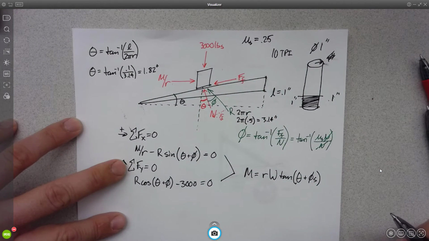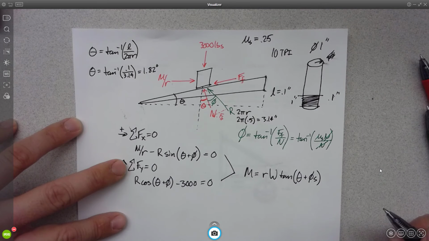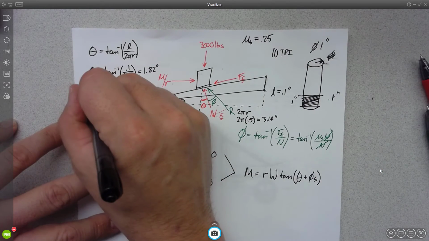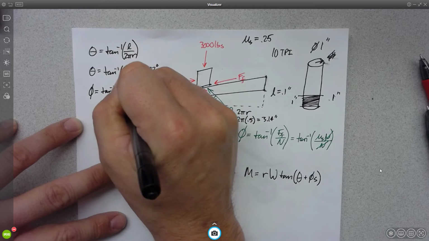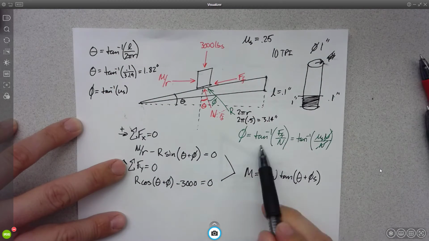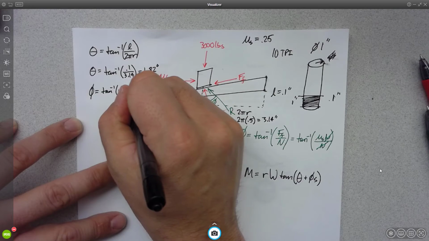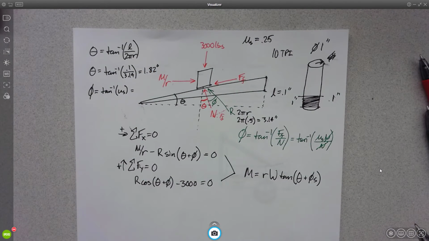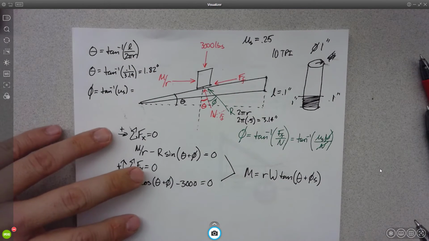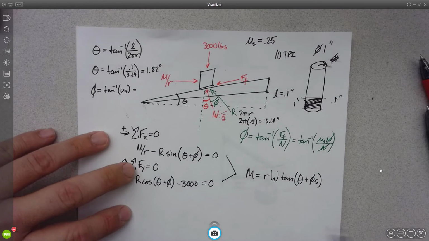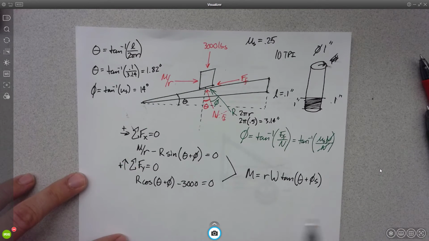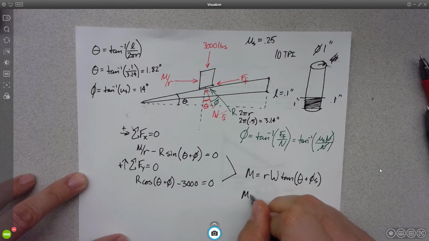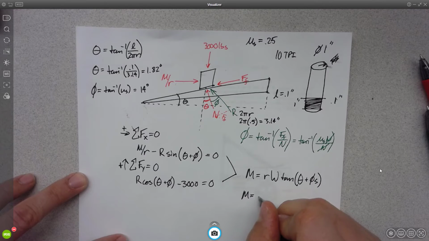The coefficient of static friction is 0.25. So if I know that, I can figure out phi, because phi is equal to the inverse tangent of mu static, right? That's what we determined over here. So what's the inverse tangent of 0.25? 14 degrees. Okay?